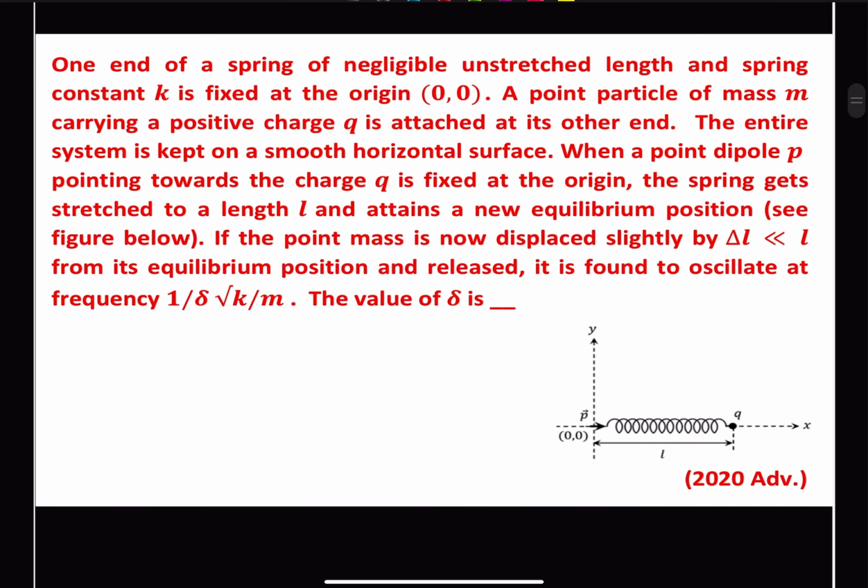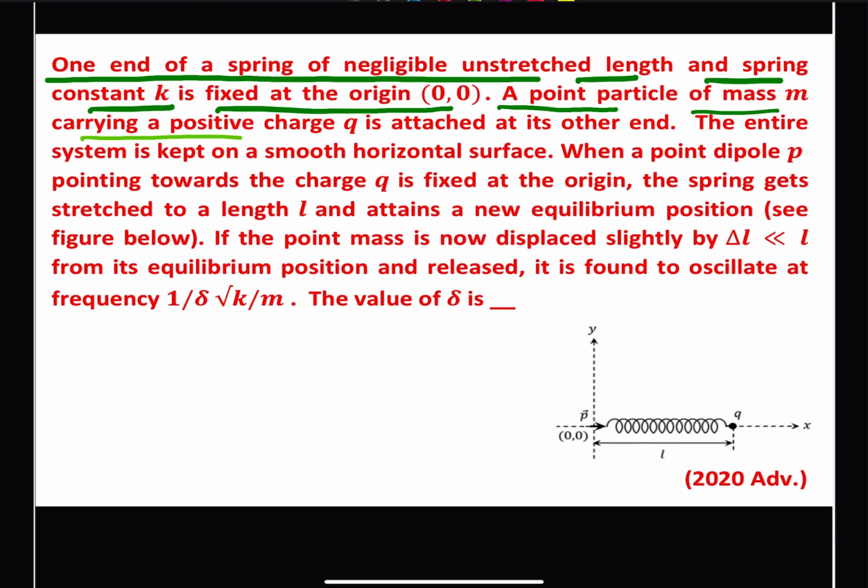It states that one end of a spring of negligible unstretched length and spring constant K is fixed at the origin O (0, 0). A point particle of mass m carrying a positive charge Q is attached at its other end. The entire system is kept on a smooth horizontal surface.